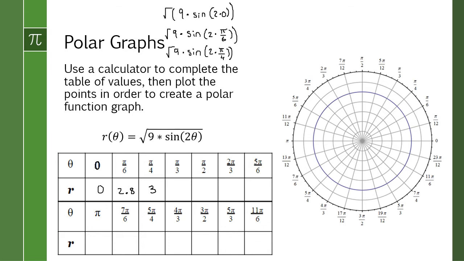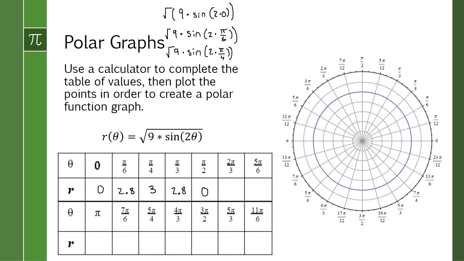When I plug in pi over 3, square root of 9 times the sine of 2 times pi over 3, I got another 2.8. And when I plug in pi over 2, I get 0.